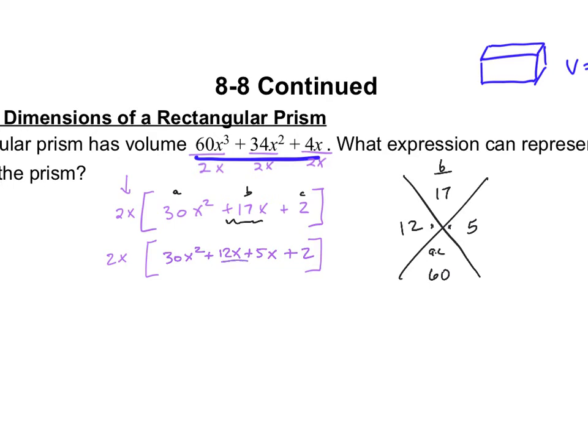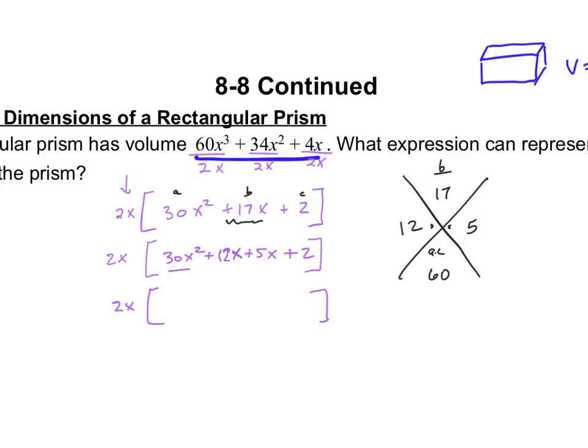17x, 12x, and 5x added together is 17x. The value hasn't changed. I've just changed the way that it looks. So I can now factor by grouping because I have four terms.